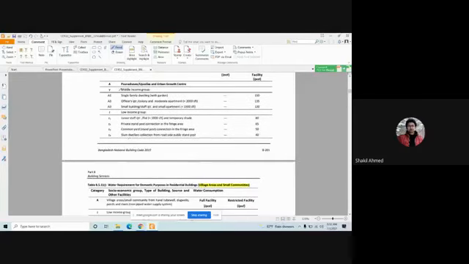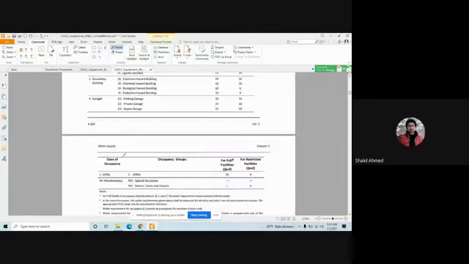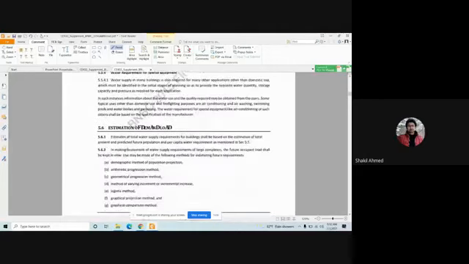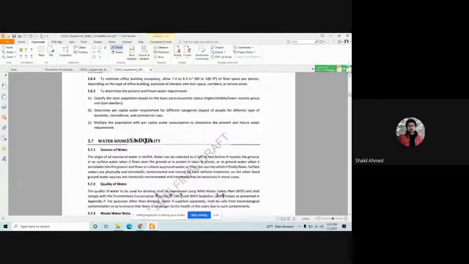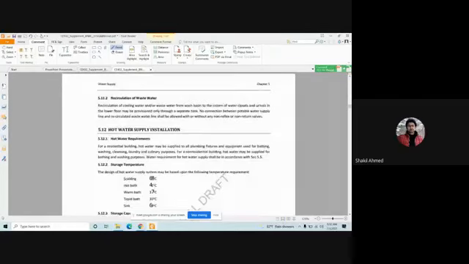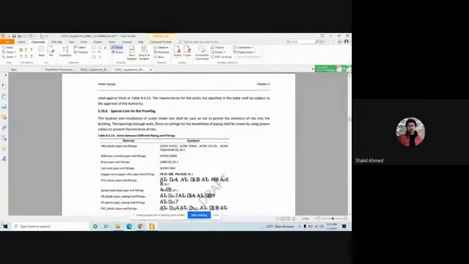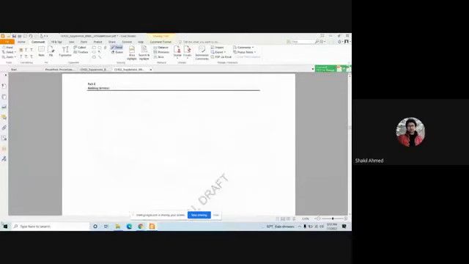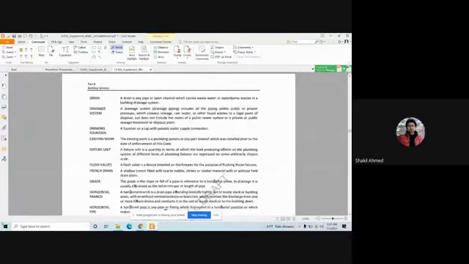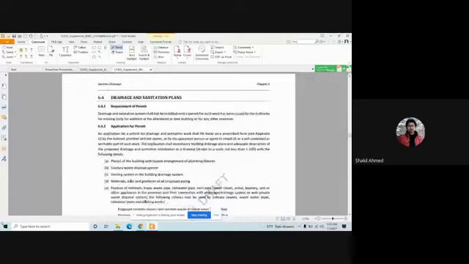Middle income group, low income group. Sanitary drainage.